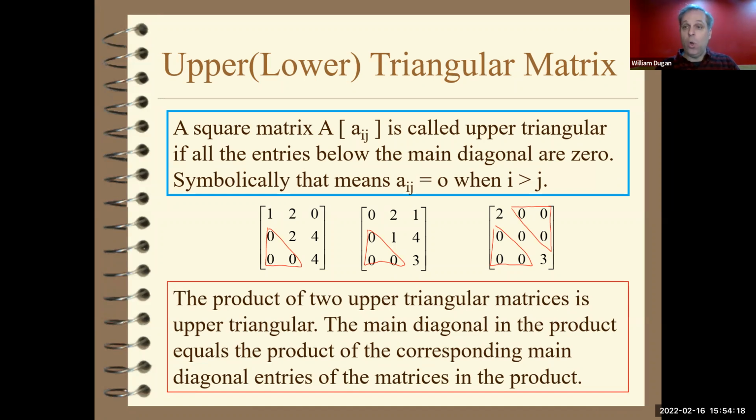You just take the corresponding entries on the main diagonal in the factors in the product and multiply them together. That would then be the main diagonal for your product. The same is true for lower triangular. If you take a product of two lower triangular matrices, it'll be lower triangular. To show you how to use it, I'll do it a few times and then I'll prove it to you. Often this one's a little tough, but I'll prove it to you because it's important to see how this stuff is done.